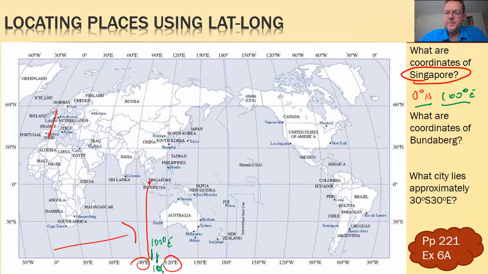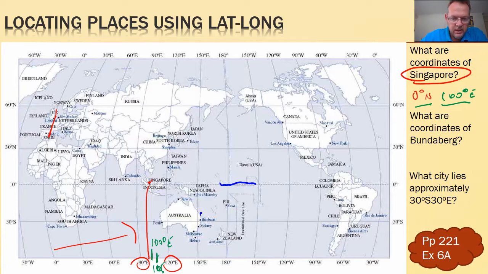Now let's look at Bundaberg, good old Bundy. So we want to figure out what latitude it is on. Now we see that the equator is here, so it's got to be south of the equator. Now I guesstimate that it's a little bit north of Brisbane, so let's estimate it to be there.